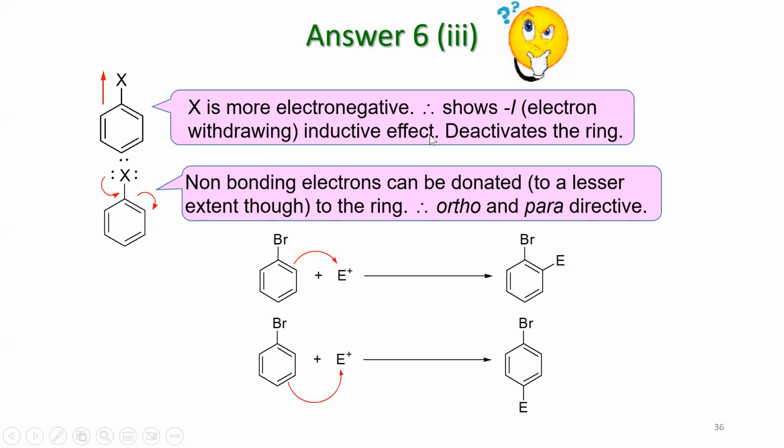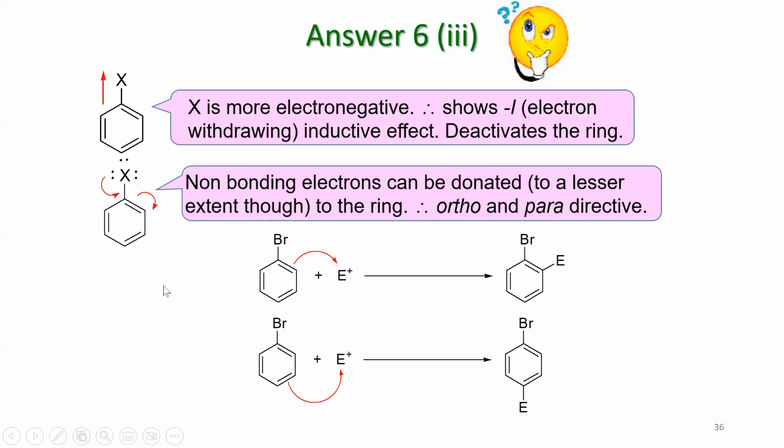So the compound deactivates the ring because of this, but still it is ortho-para directing. This electronegative factor has to be considered more, and it deactivates the ring, but still it is ortho-para directing.